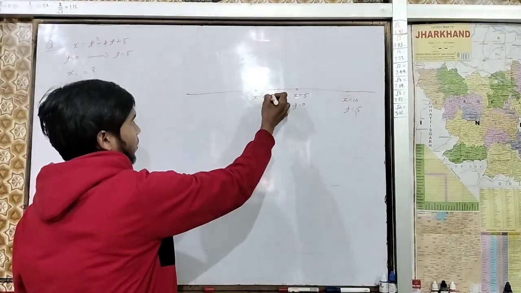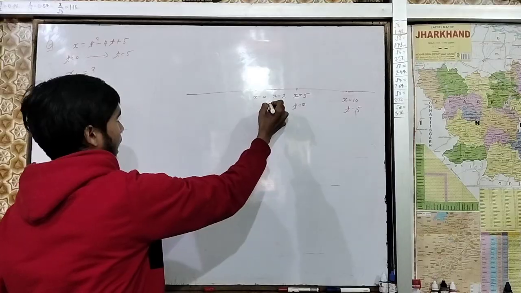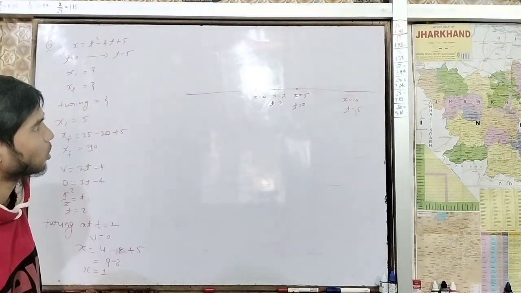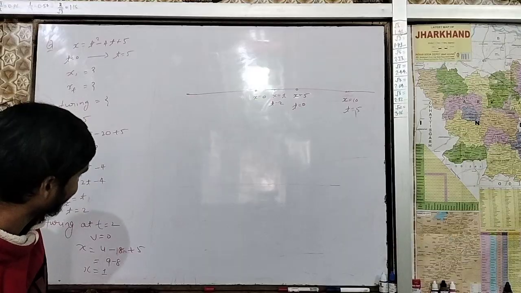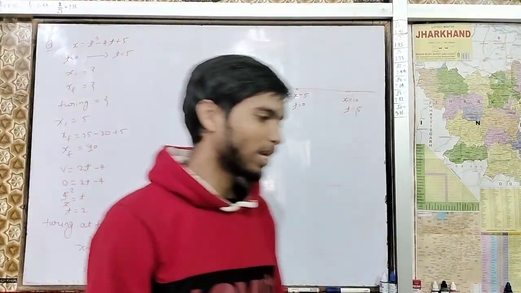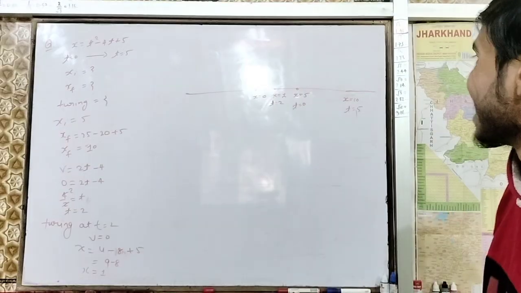So over here x is 1 and t is 2. That is what we have patterned right now.